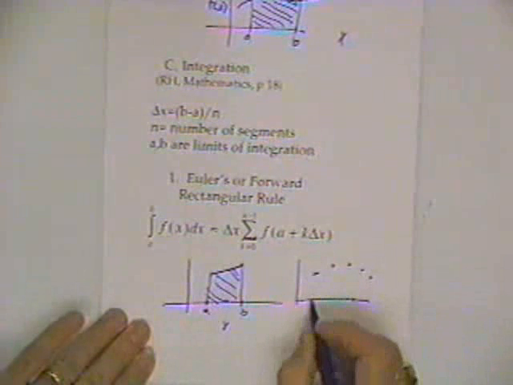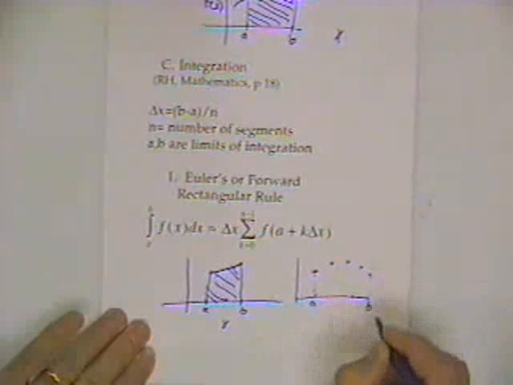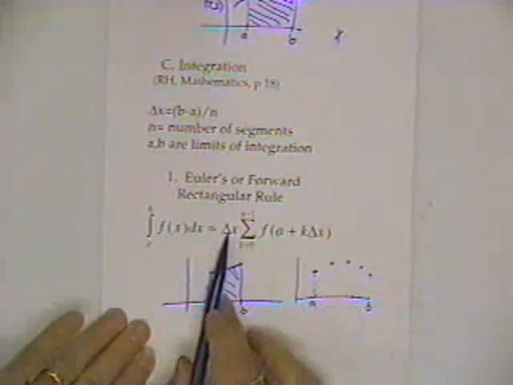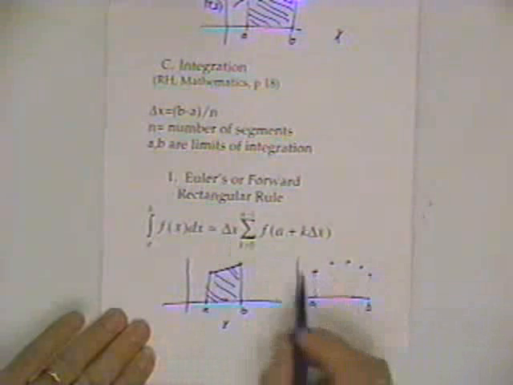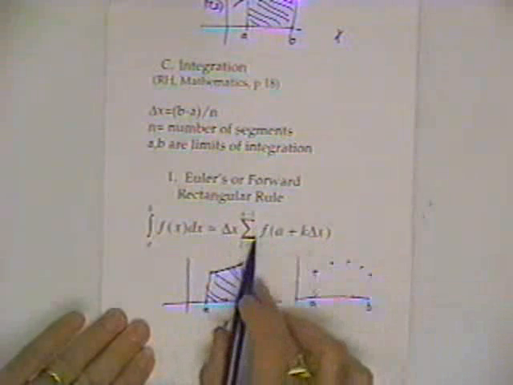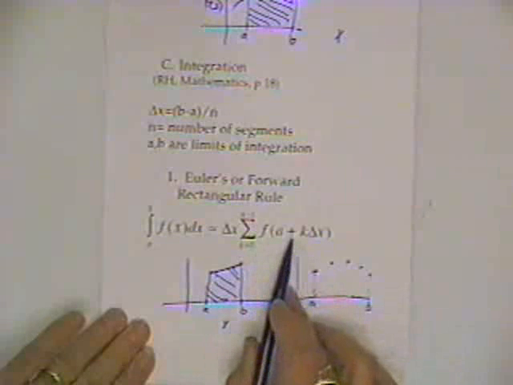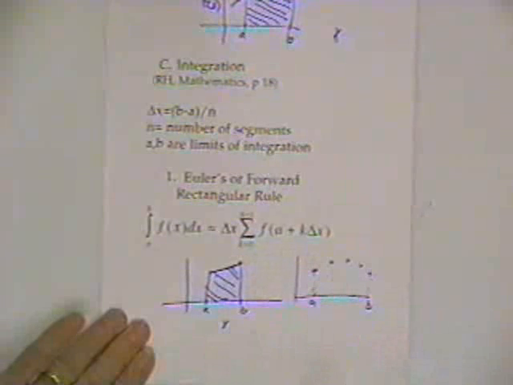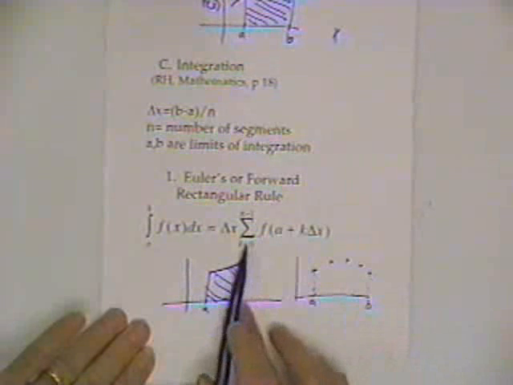In this case, the formula applies to integrating a number of segments between A and B, where the formula estimates the thickness or width of each of those segments as delta x, and then sums the value of the function at the points x equal to A plus k delta x, where k is just an index.